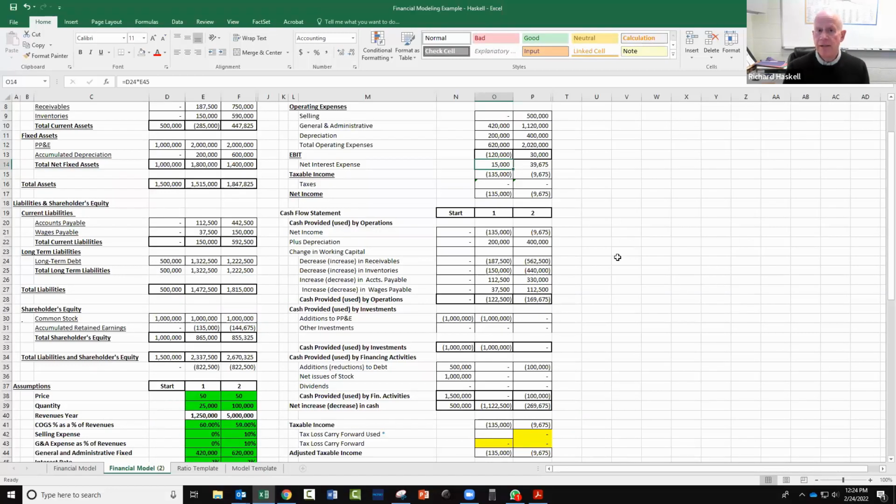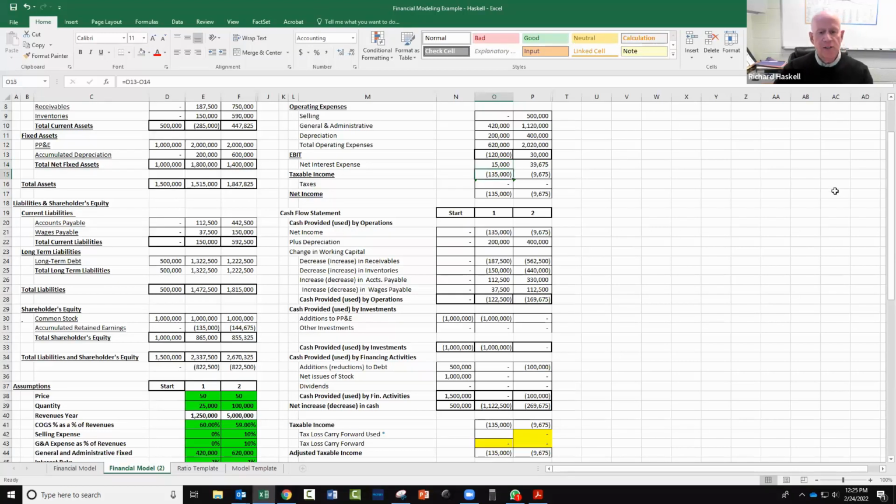Since I didn't have that debt during the year, I am using the prior period's debt balance, not liability balance, but long-term debt balance. Liabilities would include current liabilities for which we don't have an interest expense. I'm taking the long-term debt balance from the prior period, multiplying it by the interest rate that we have, and that gives me the interest expense. This is exactly the same way we did a forecast ratio in Finance 309 for interest.